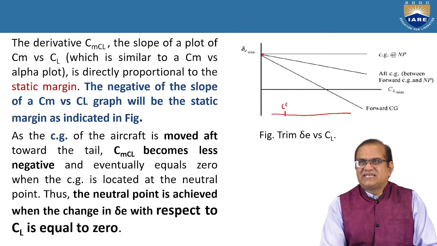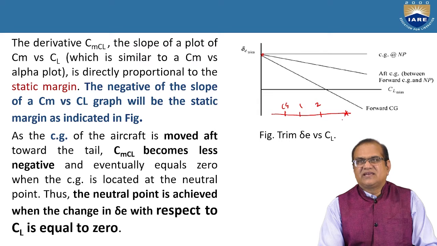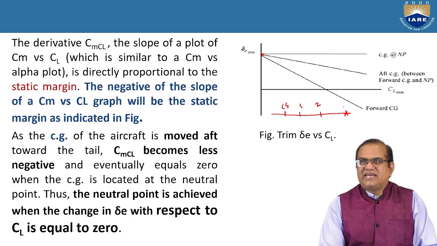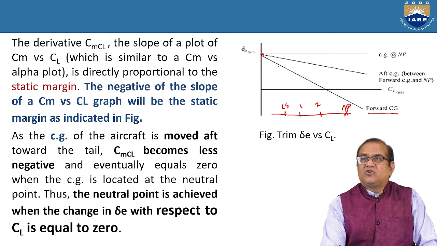This is the CG, again CG, and this is the 1, 2. And here is your AC or neutral point. So how much forward? If it is forward like this, you will get more slope.